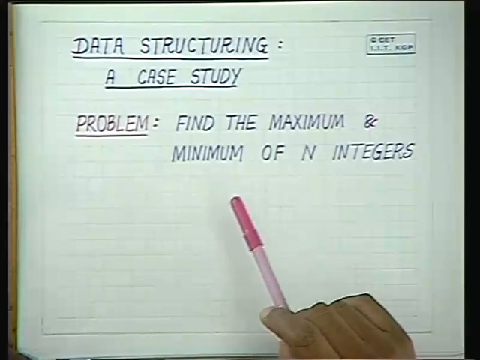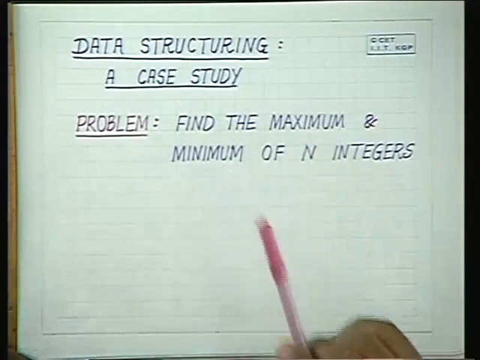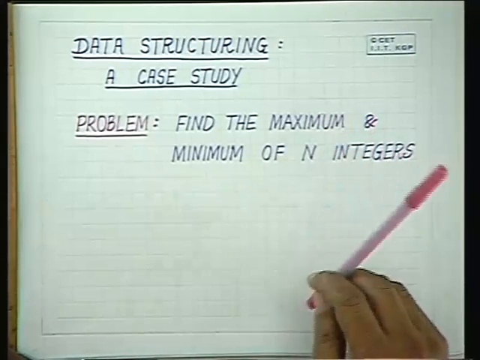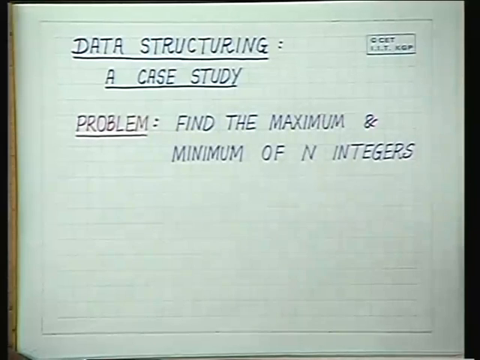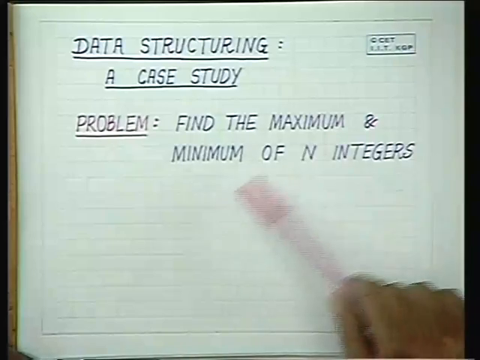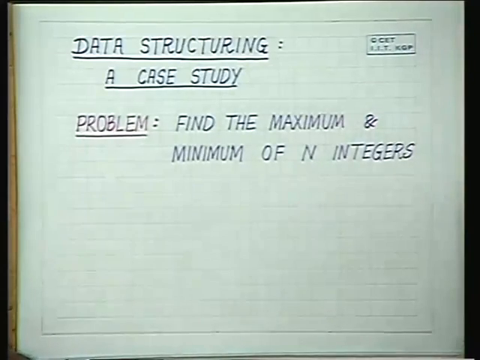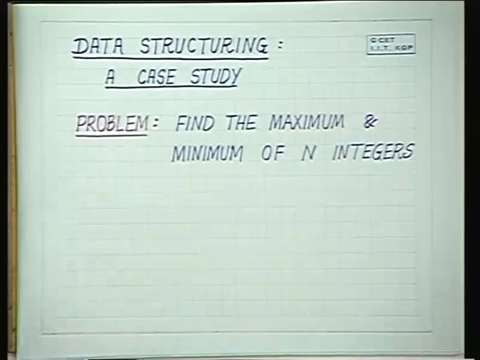So we will go through this case study today to find the maximum and minimum of n numbers. Let us first see how a program to find the maximum of n numbers looks like, and how anybody would very easily modify that program to find the maximum and minimum of n numbers. So let's go back and see how it works.